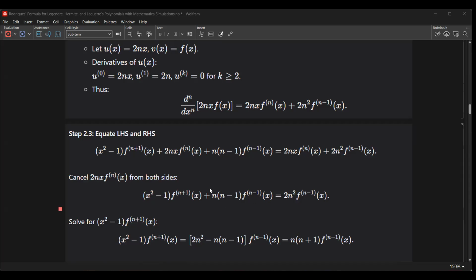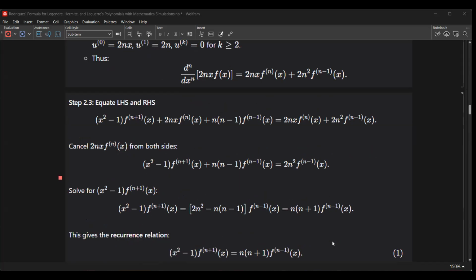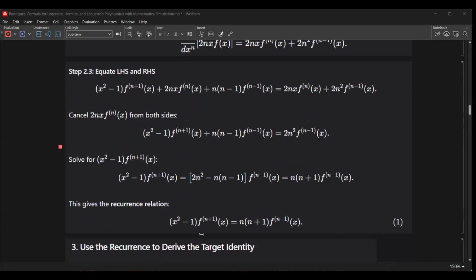Then we transpose this positive n times (n-1). So this becomes negative. Multiply with the common factor, the (n-1)-th derivative of f(x). By simplification, we have the remaining term, n times (n+1) times the (n-1)-th derivative of f(x). So this gives the recurrence relation.